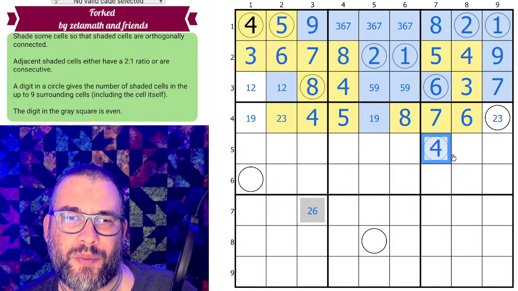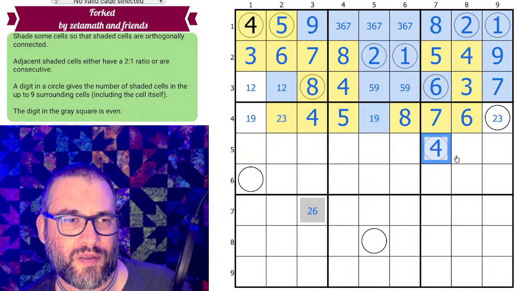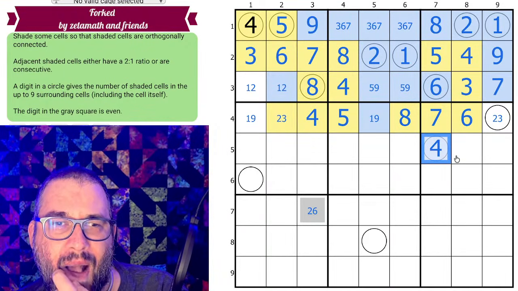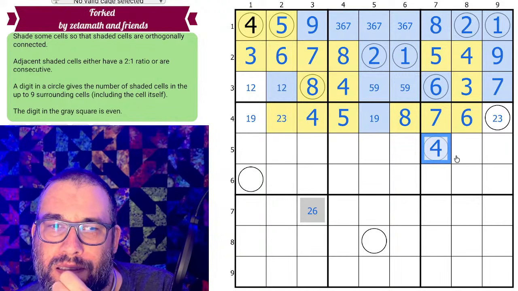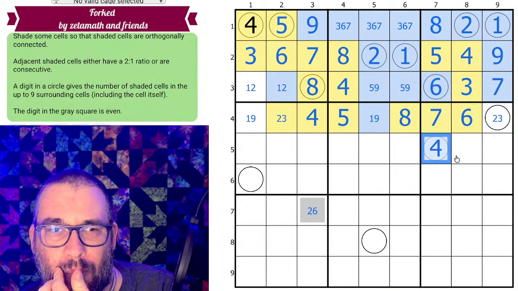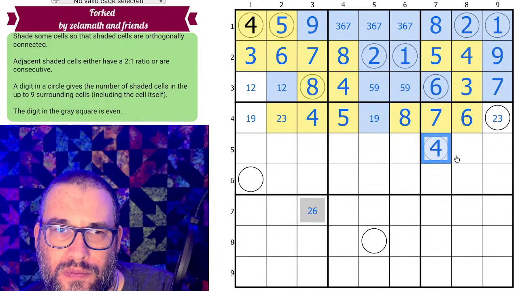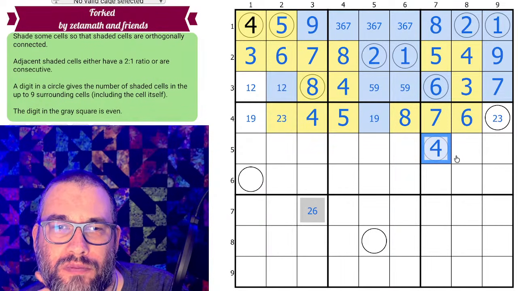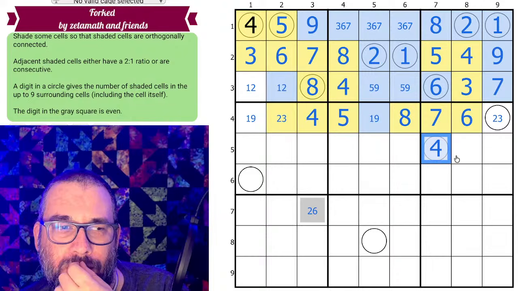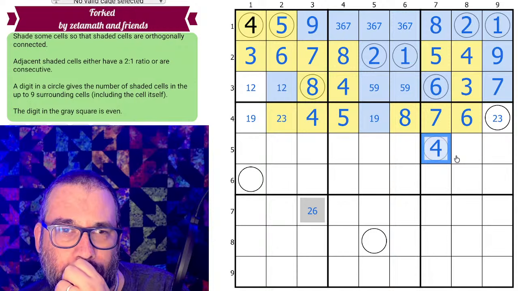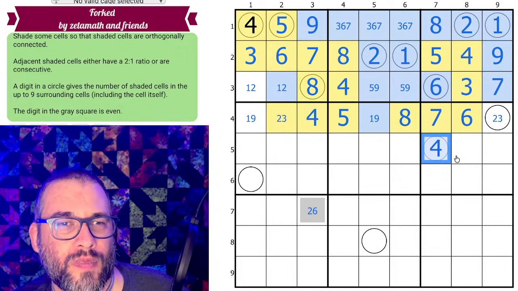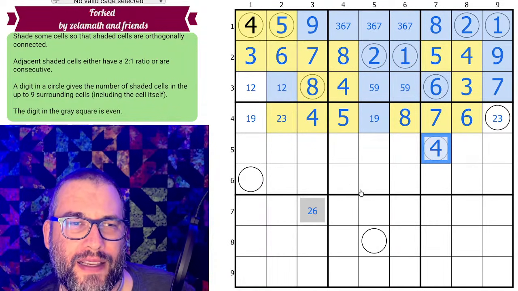So this must be a 4. Which does not immediately get us anything.